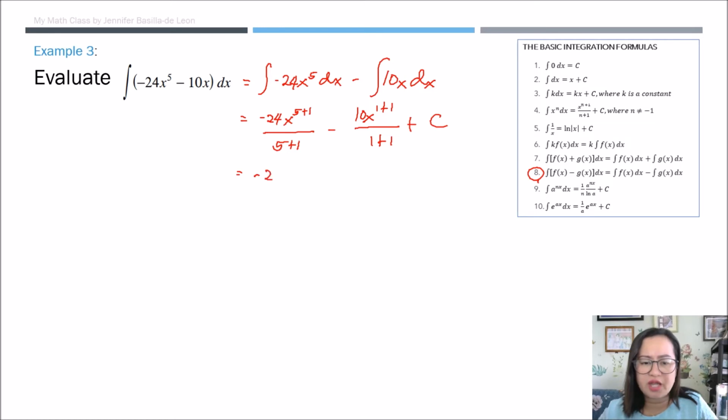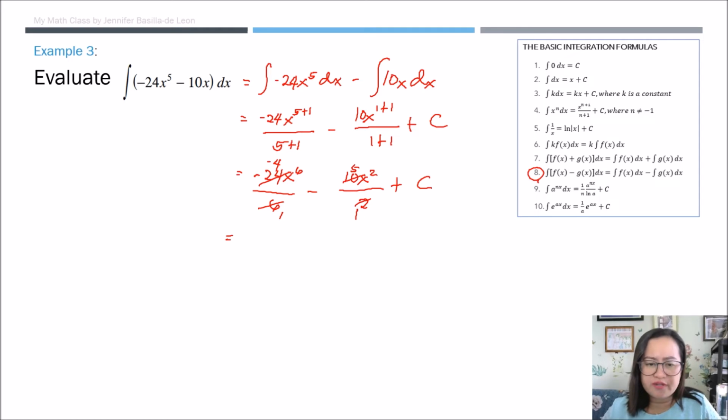Simplifying this, we will have negative 24x raised to the 6th power over 6 minus 10x squared over 2 plus the arbitrary constant c. So we can extract the GCF, which is 6. We will have negative 4, then we have 1. Okay, then here we have 5, we have 1.